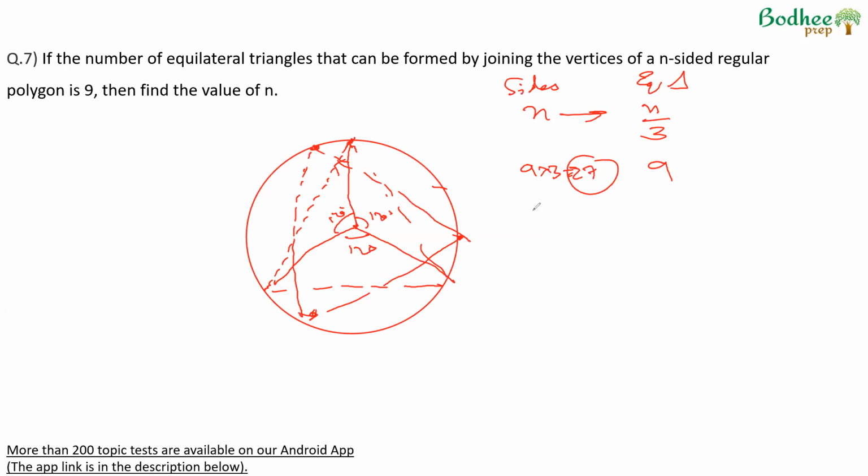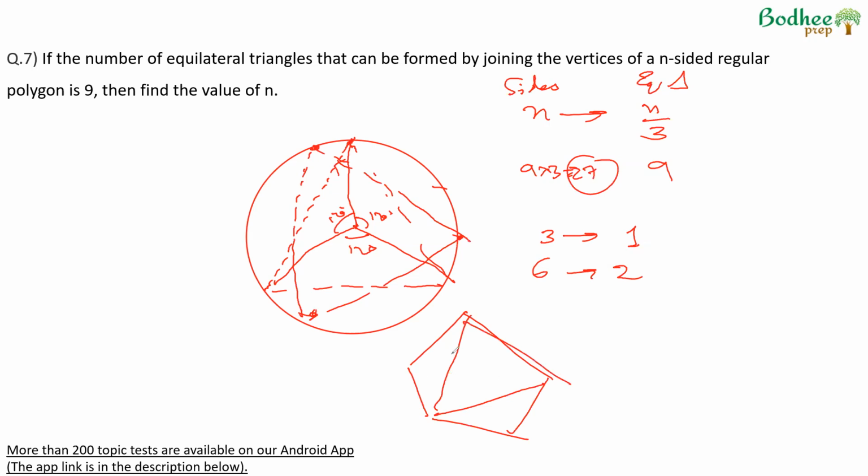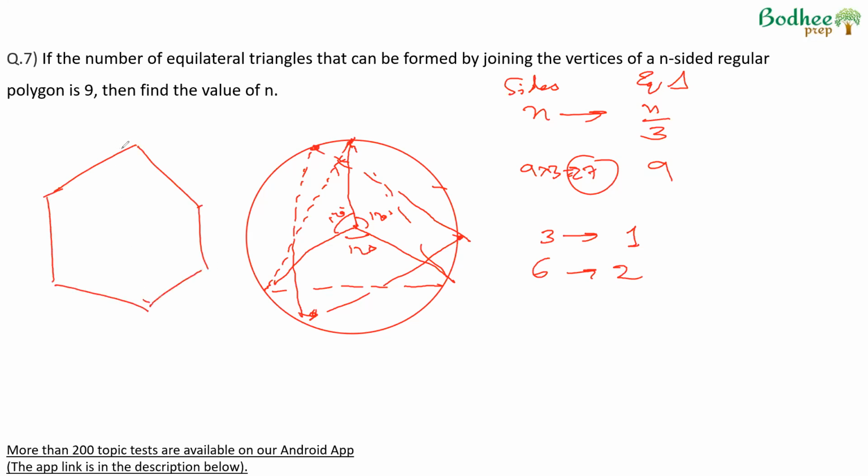As a matter of fact, if we have 3 vertices, a 3-sided polygon, which is a triangle, there is exactly 1 equilateral triangle possible. If there is a hexagon, there are 2 equilateral triangles possible. In a hexagon, if we join these 3 vertices, we get an equilateral triangle, or if we join these 3 vertices, we get an equilateral triangle.